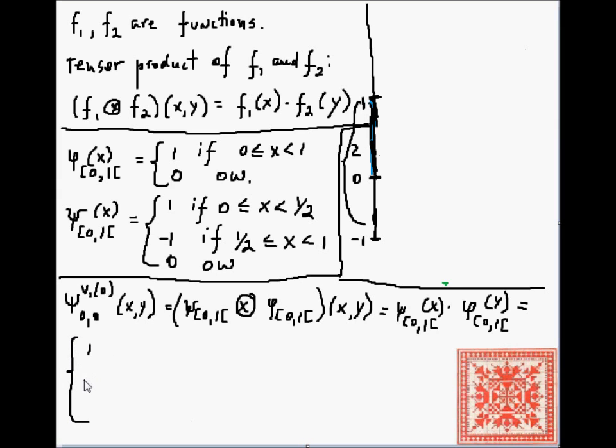So if we work it out, it's phi of x times psi of x, and the values will be 1, minus 1, and 0. So this takes the value of 1 if x is greater than or equal to 0 and less than 1 over 2, half, and y is greater than or equal to 0 and less than 1.